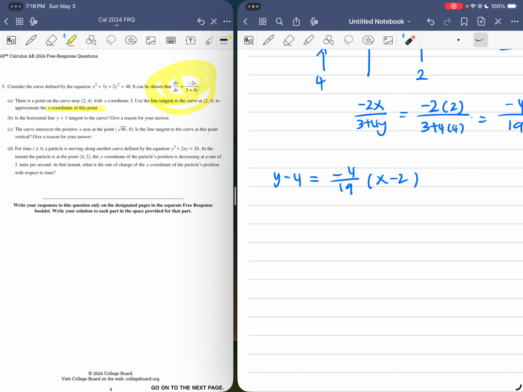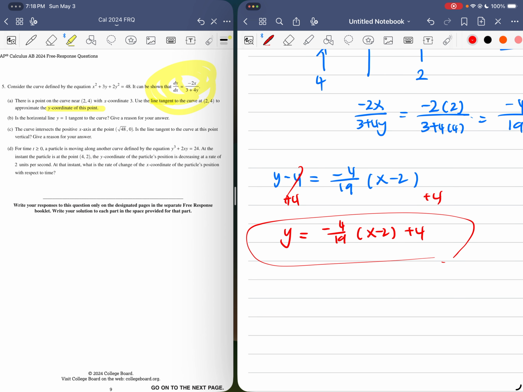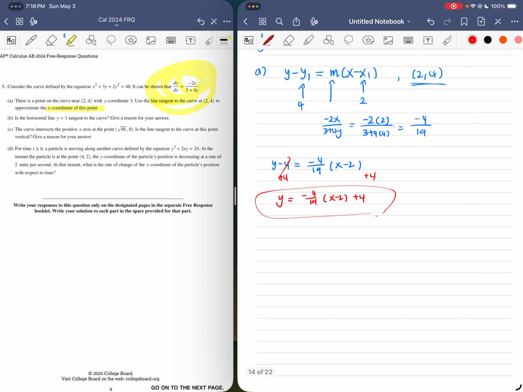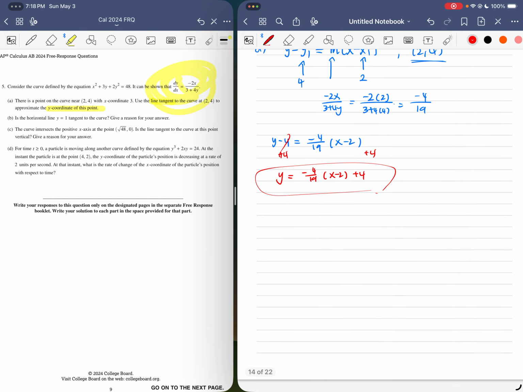You can simplify by distributing, but I'm not going to bother. I will just add 4 on both sides: y equals negative 4 over 19 times (x minus 2), plus 4. I will just leave it like this and let 8th graders do the rest. That's still a perfect point.